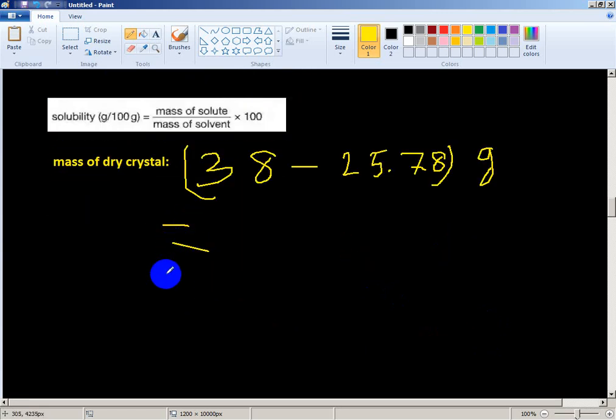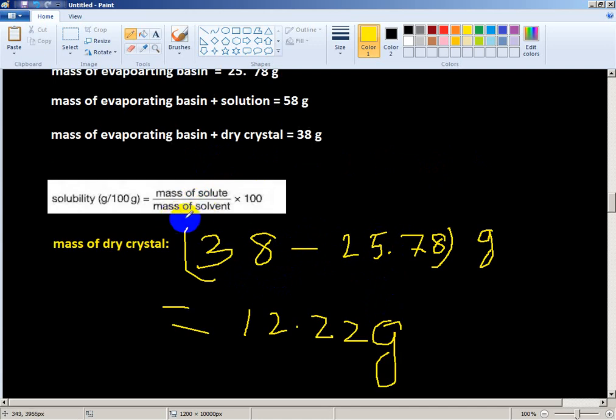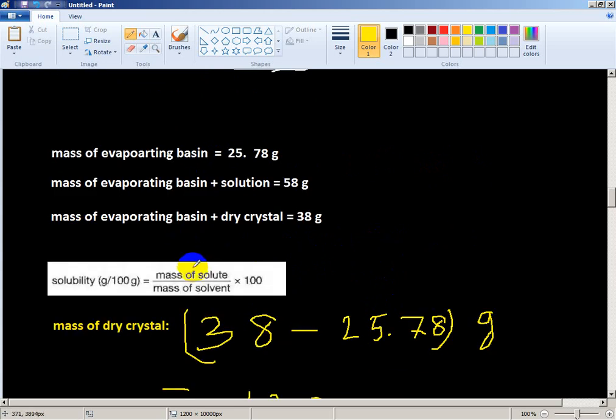Calculator. 38 minus 25.78 is 12.22 gram. Okay, so I have found the mass of crystal, that means the mass of solute is found. Now I need the mass of solvent. How can I find the mass of solvent?